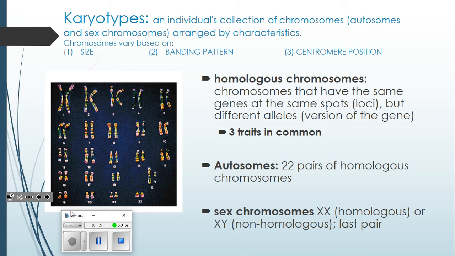Loci or locus is the fancy word for spot or position. I like to say spot because you know what that means, but you might run across the word loci or locus, especially if you choose a genetics topic as your de facto. But different alleles, which means versions of the gene.